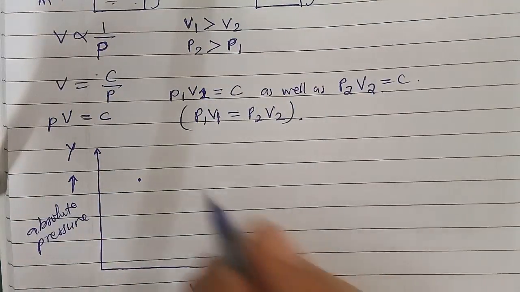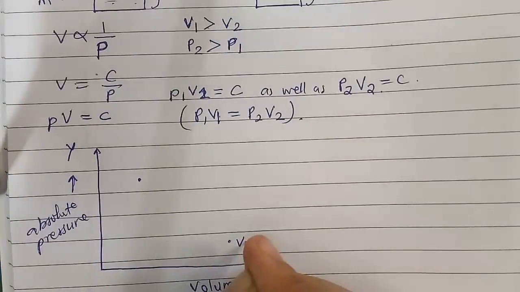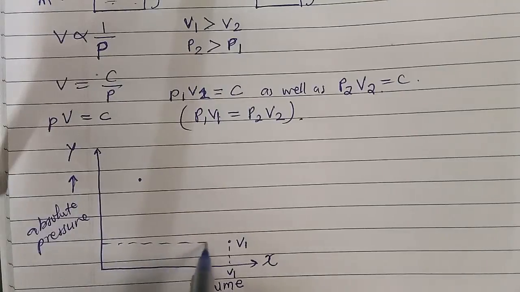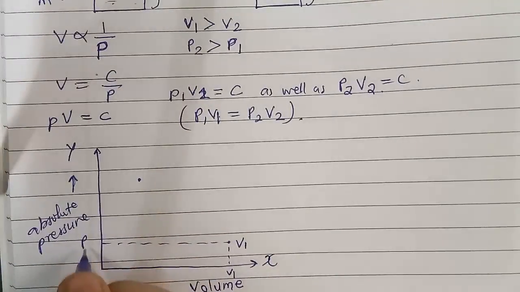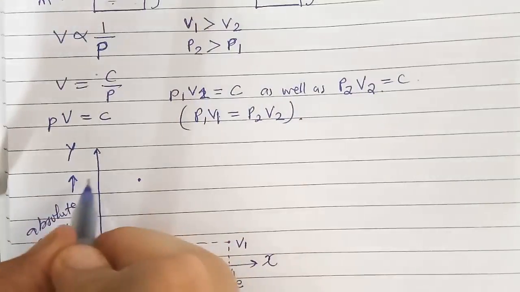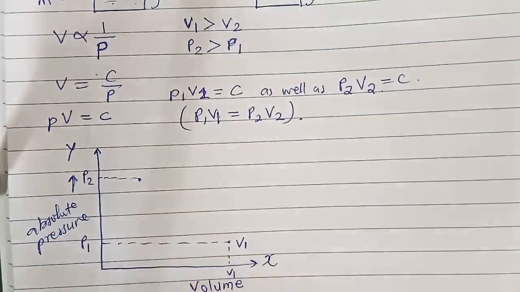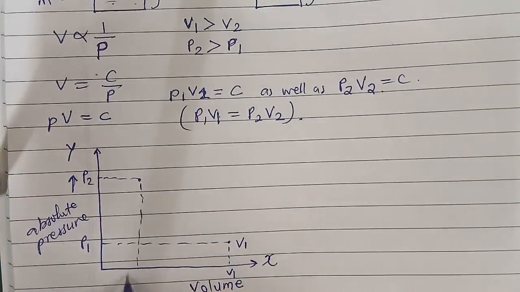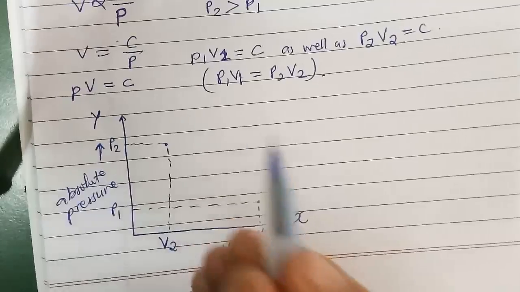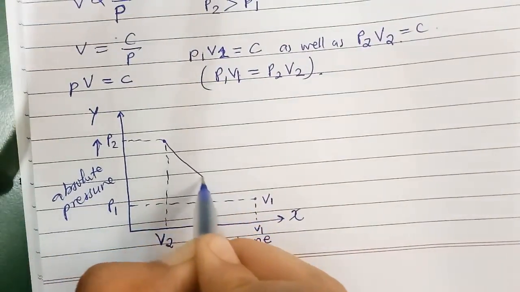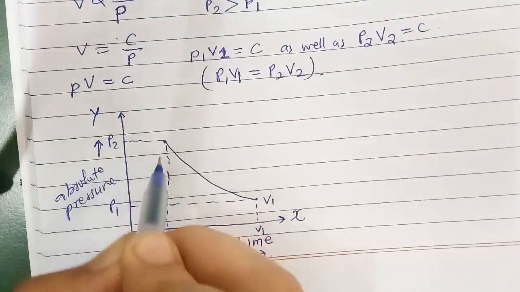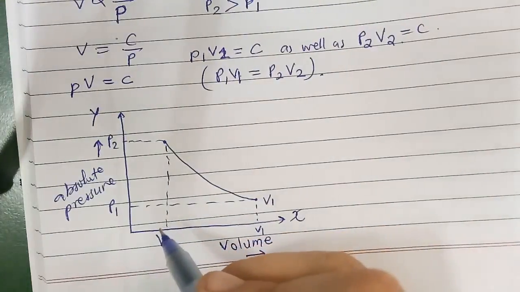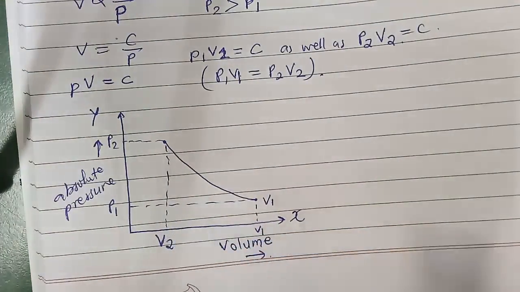Yes, V1, volume is more, when the pressure is less, P1. As the pressure increases to P2, what happened to volume? Volume will decrease to V2, and this curve shows the change in volume when the pressure is changed. That's exactly what Boyle's law explains.